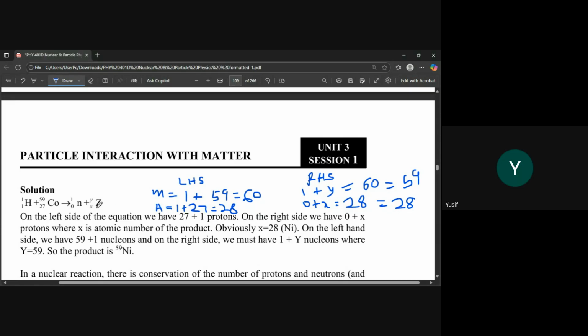At the end of the day, you realize the daughter product has the same mass number but a different atomic number. Here you have 59 and 27, and here you have 59, but the number of protons, the atomic number, is increased by 1, which is 28.